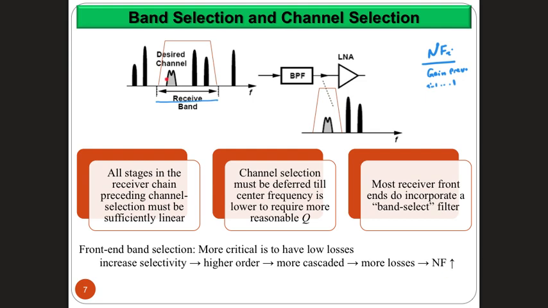That's why we should not focus that much on selectivity at this stage of the band selection, but more into making sure that we don't have that much losses here. So it's as close to 1 as possible, right? With very low losses, typically in the range of 0.5 to 1 dB. More than that is going to be too much. Okay.